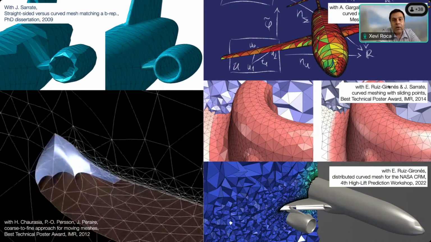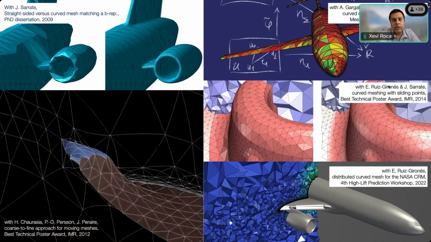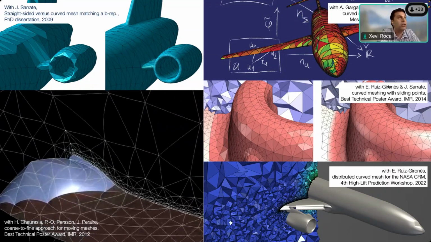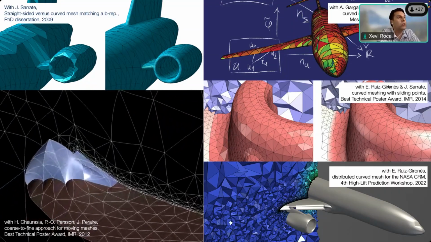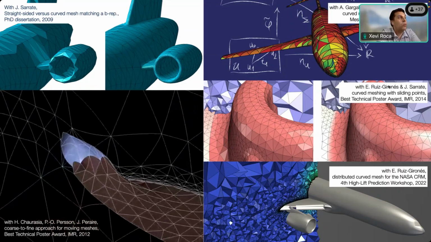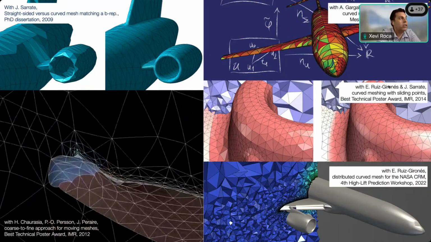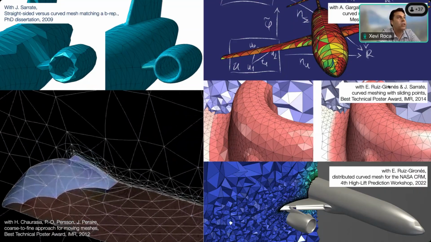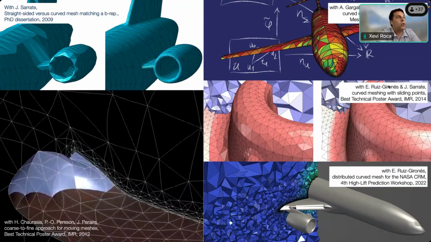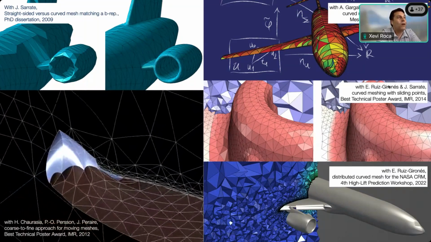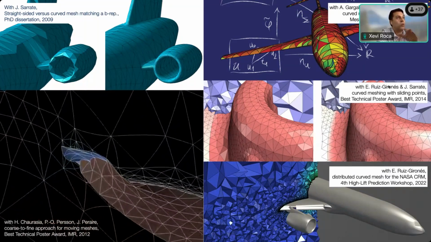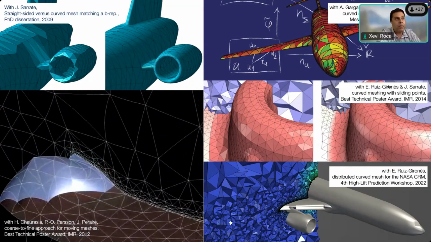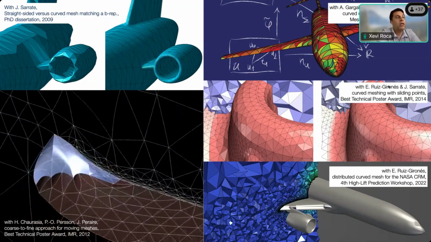Then Abel Gargallo, in his thesis, obtained results for volume and CAD optimization of a point-wise distortion measure. We were also working with Heyman Chaurasia in his thesis on moving meshes, together with Jaime Peraire and Pedro Persson. And later, the first work of Eloy Ruiz as a postdoc, together with Josep Serrate, was to do these curved meshes, where the meshes were sliding on top of the CAD.